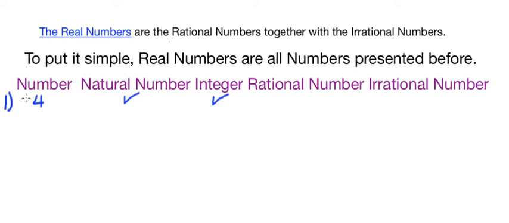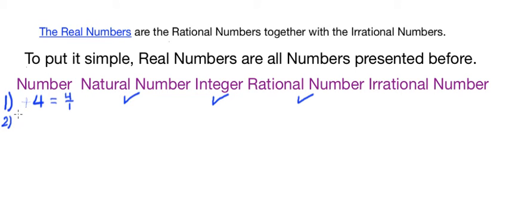Remember, there is an agreement that if you don't see the positive sign, it's understood that there is a positive sign in front of 4, so it should be considered to be an integer. It is also a rational number, because notice this number 4 is the same as 4 divided by 1, so it can be expressed as a fraction, so it is a rational number. It's not an irrational number, because once it's rational, it cannot be an irrational number.